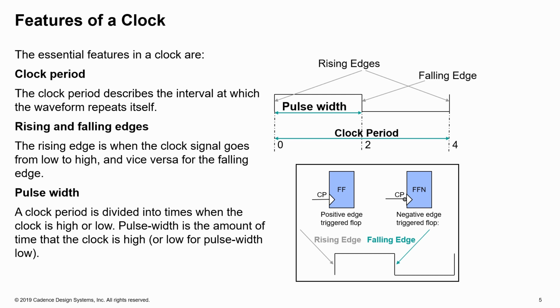The rising edge is when the clock is going from low to high, and when the clock is going from high to low, that edge is called the falling edge. The pulse width is basically how long the clock is high compared to low. So the pulse width is how much the clock is high.